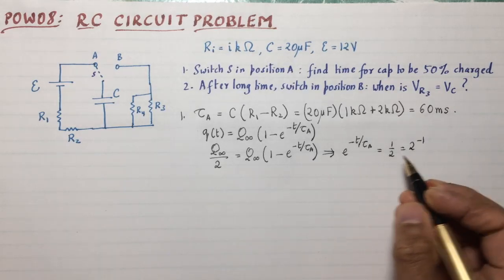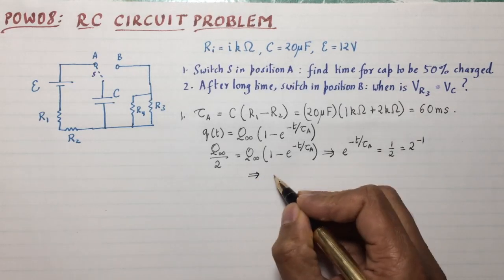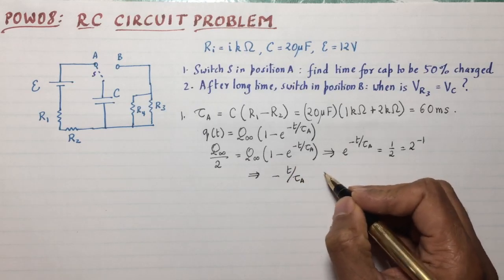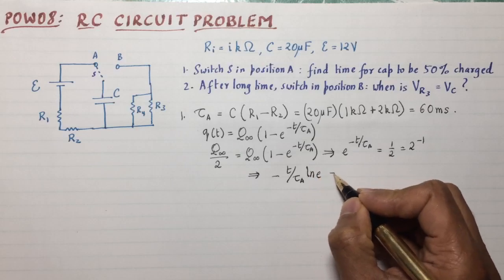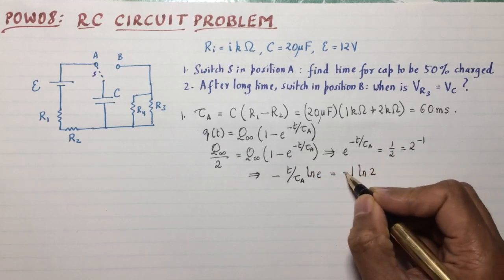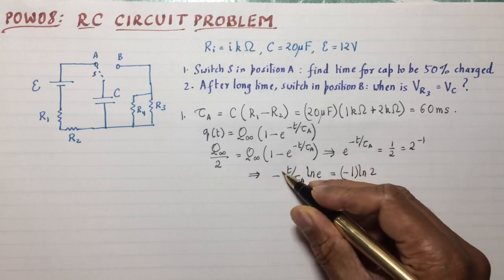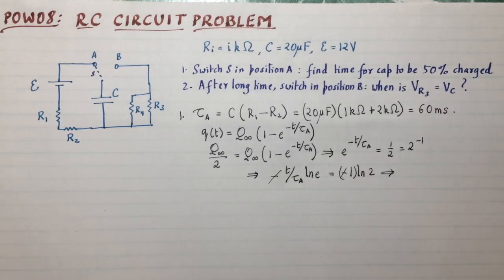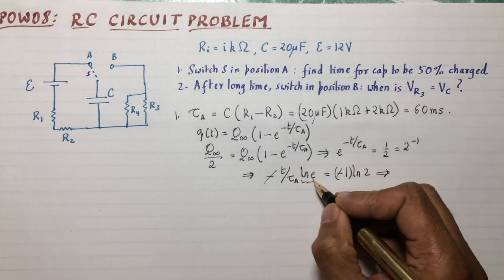Now if I take the natural log of both sides, I'm going to get negative t over tau, natural log of e, which is 1, is equal to negative 1 natural log of 2. I don't have a calculator, so I'll just have to leave the natural logs as it is. So the natural log of e is just 1.